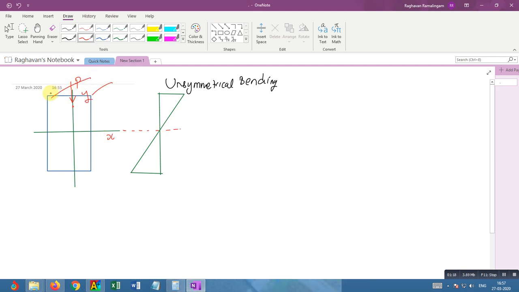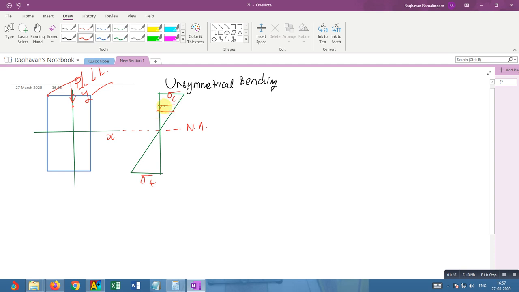Basically the load acting through the Y, the load which is acting through the centroidal axis. This cross section is bisymmetric. It's a rectangle. It's symmetric. You know that the stresses will look like this, and this is the neutral axis location.